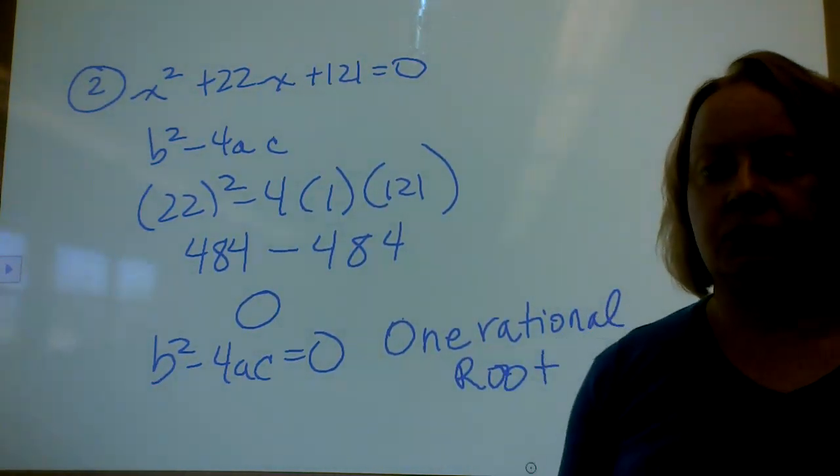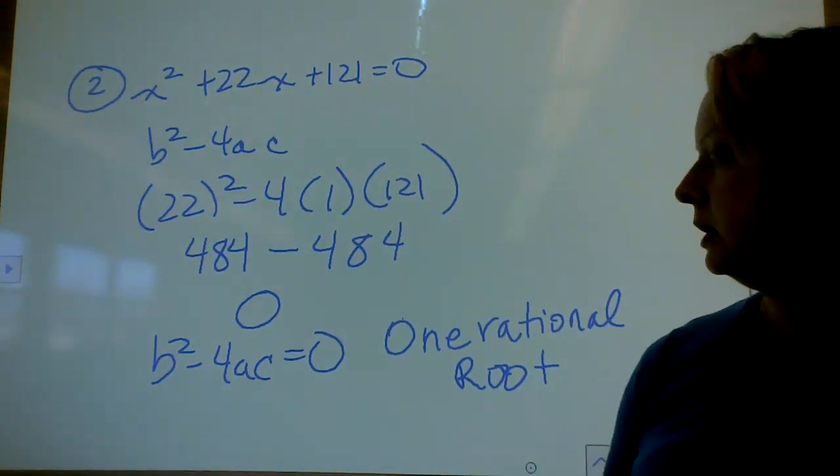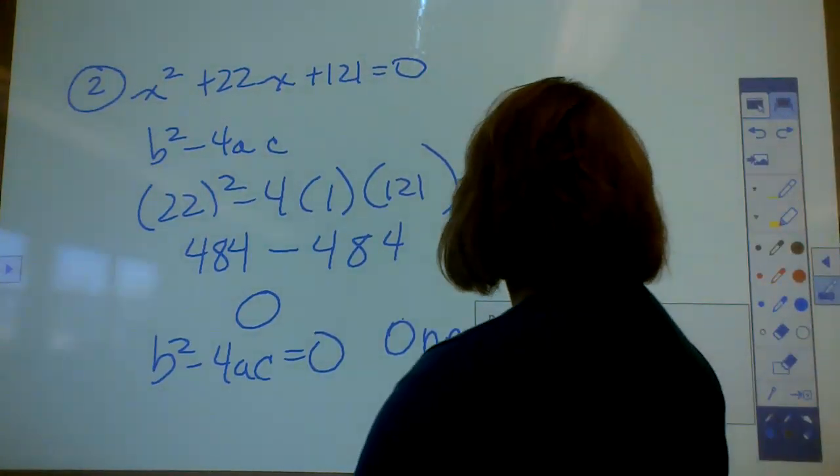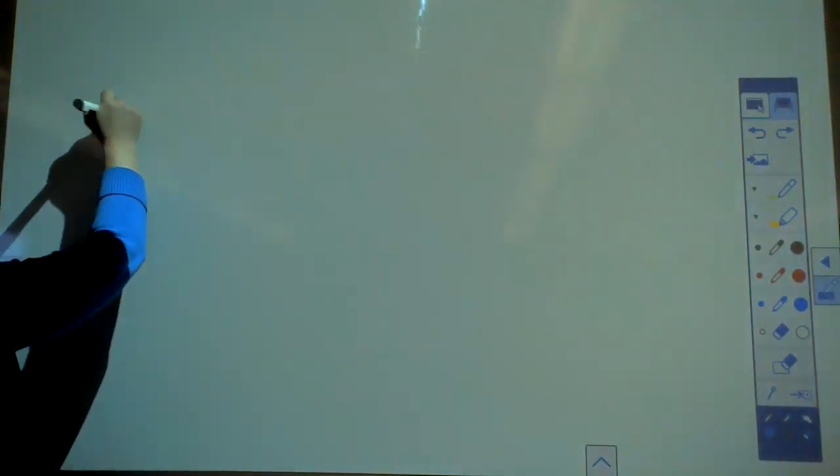So you may be asking, well, Ms. Poos, what does the word rational mean? So let's take a look at what it means. Okay, so this is the definition for rational.